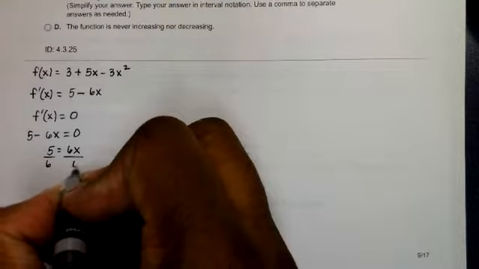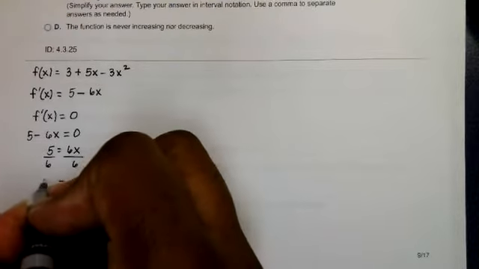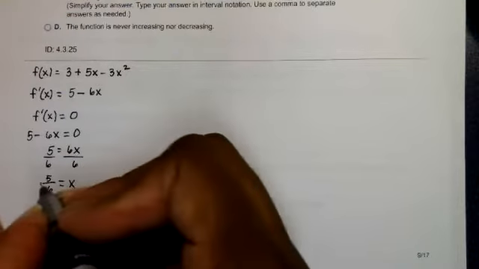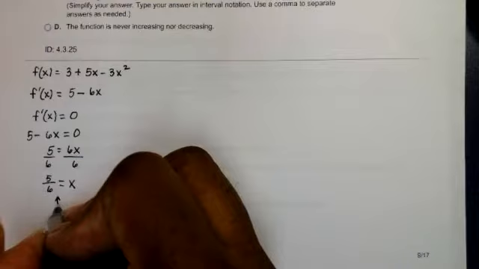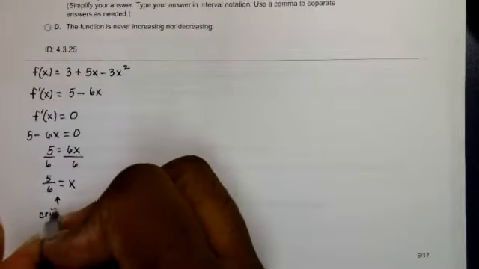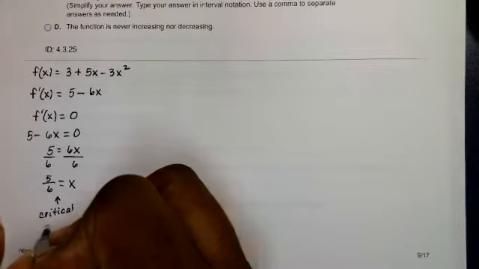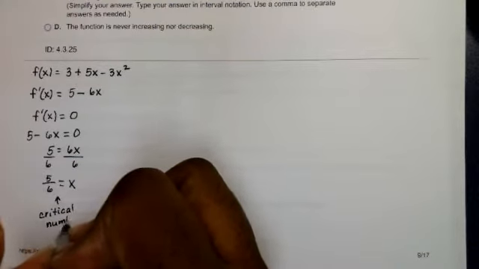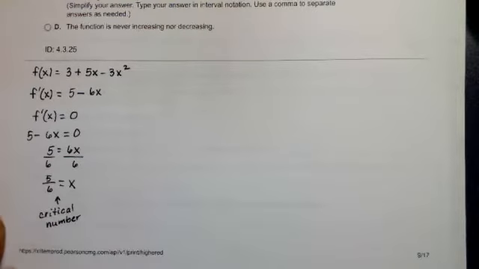Divide both sides by 6. That means x is equal to 5/6. This represents a critical number, or that would be the value where the critical point occurs, I should say.